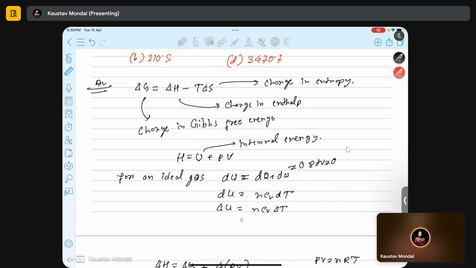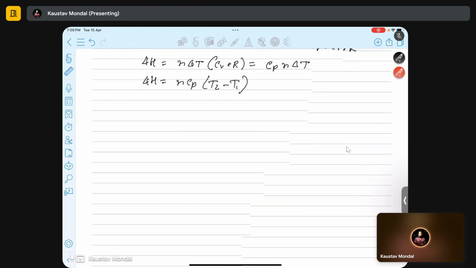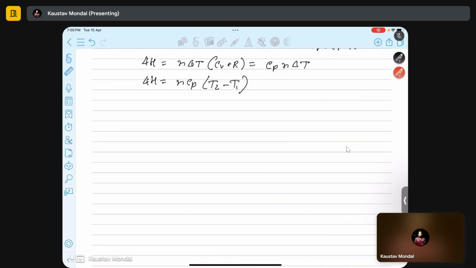for entropy there are more things that can change, right? So entropy would be simply using, we'll start again from the first law, dq equal to du plus dw.